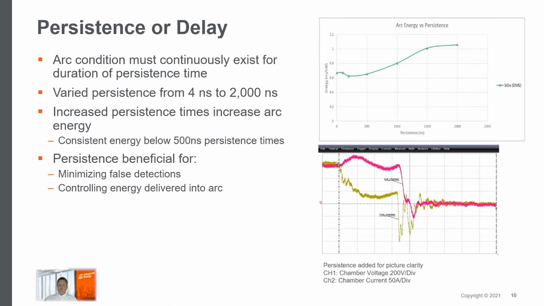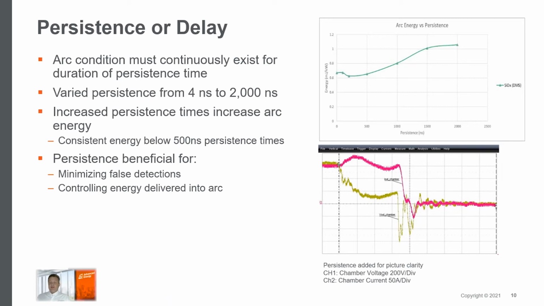Persistence is sometimes referred to as detection delay. The arc condition must exist at the terminals of the power supply continuously for the persistence time for the power supply to qualify the event as an arc and then respond. The persistence time largely controls the time spent in phase 2. Surprisingly, short persistence times, those below 500 nanoseconds, have relatively flat and constant measurements.